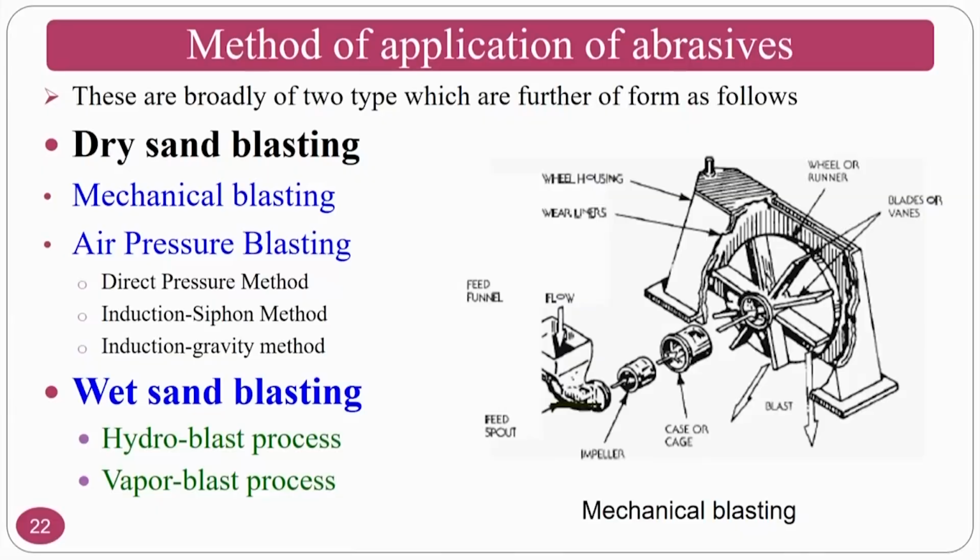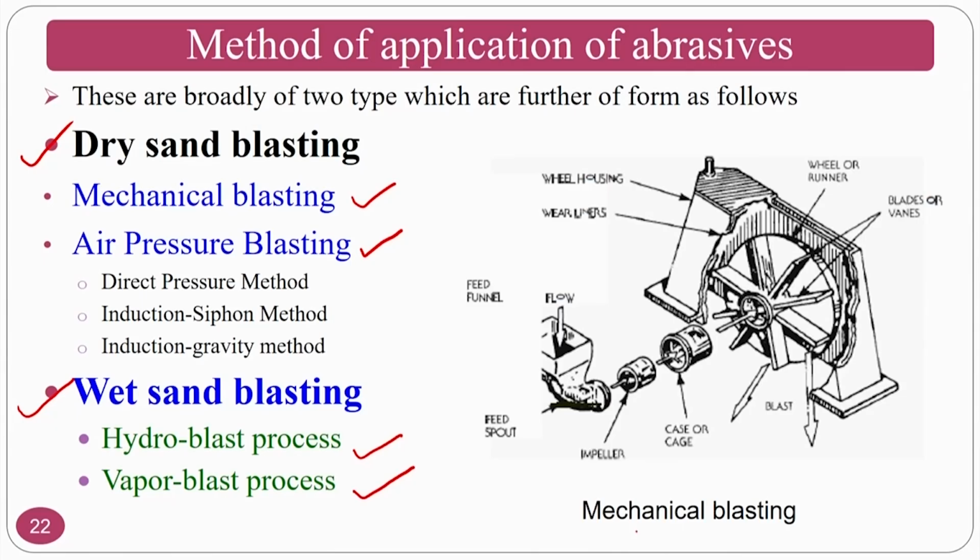So, there are modes of application or methods. One is dry sand blasting, another is wet sand blasting. In dry sand blasting you have mechanical blasting and air pressure blasting. In wet you have the hydroblast process as well as the vapor blast process, wherein you replace air by using liquid jets.